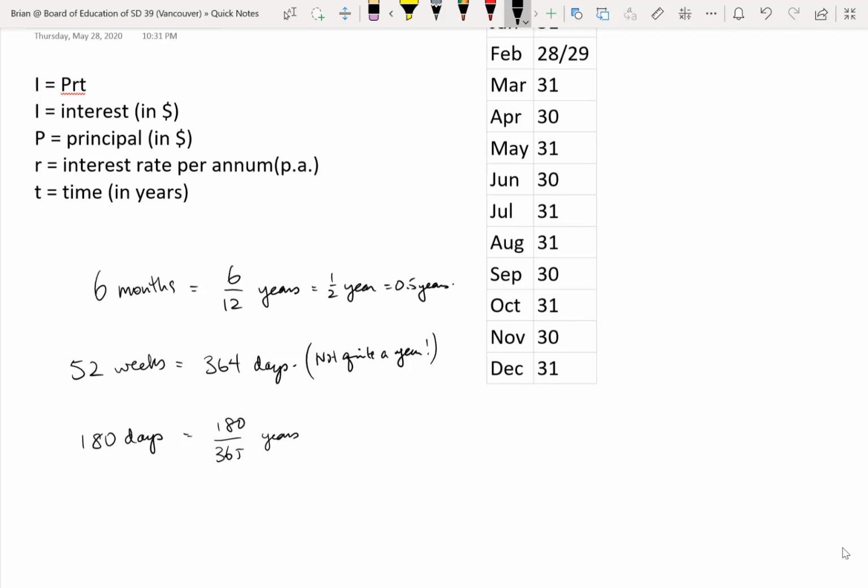It's going to be approximate. And so you're going to either have to write down an awful lot of decimal places to get accuracy, or if you round, you're going to be off, and you could be off by quite a bit. So it's actually better just to leave it as 180 over 365 and then punch that into the calculator and let the calculator take care of the accuracy.